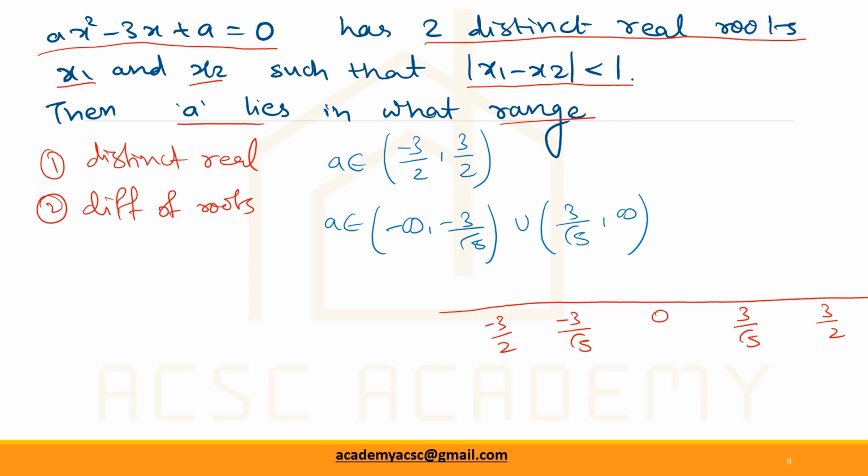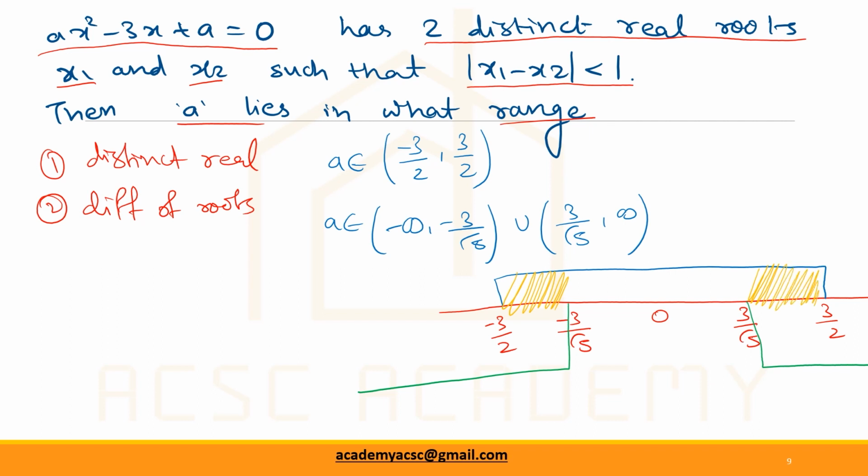So it says that this particular region is feasible. And the second inequality says values less than minus 3 by root 5 and values greater than 3 by root 5. So these are the portions that we got, and taking the intersection we get these two regions as common.